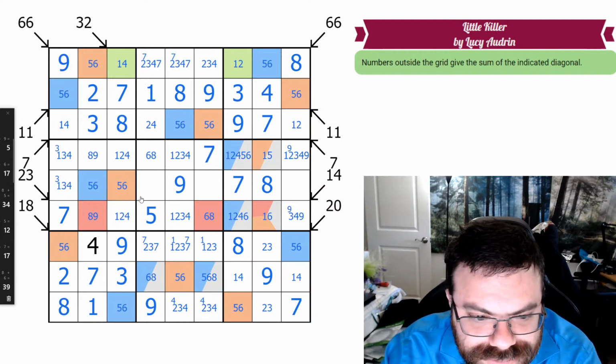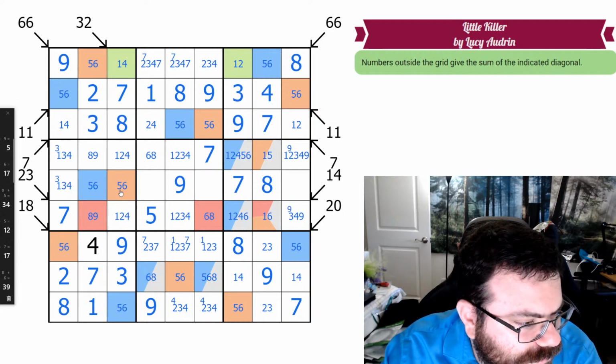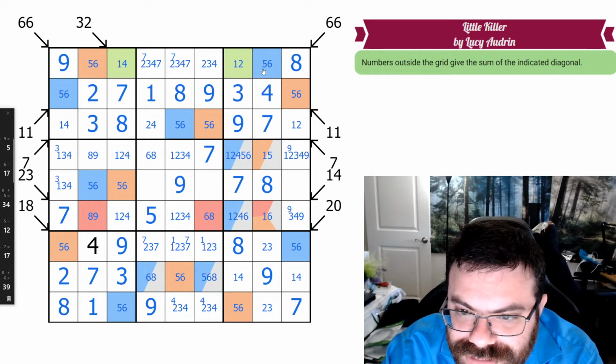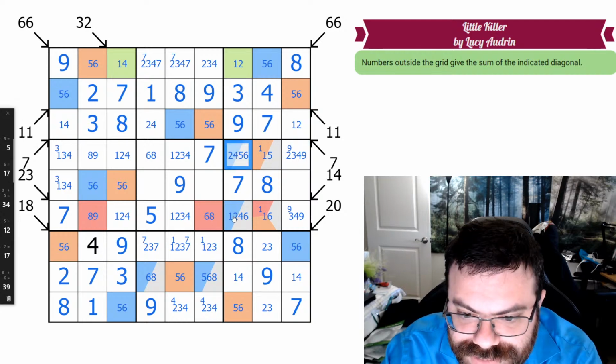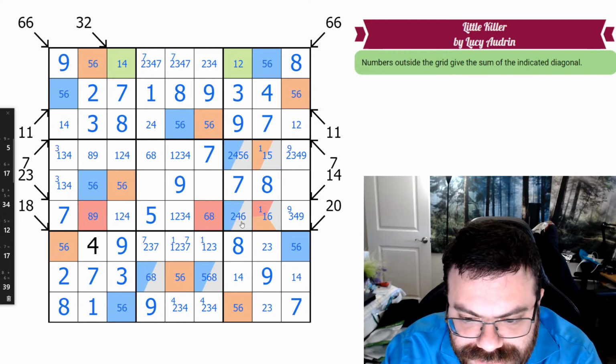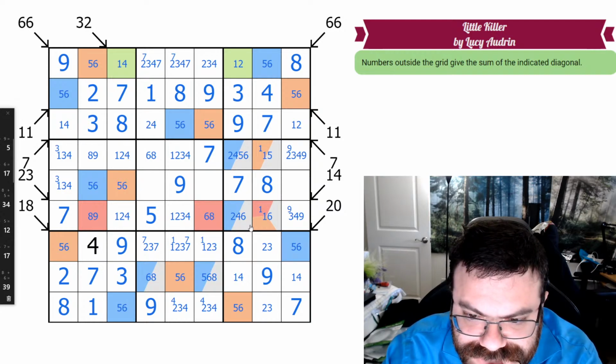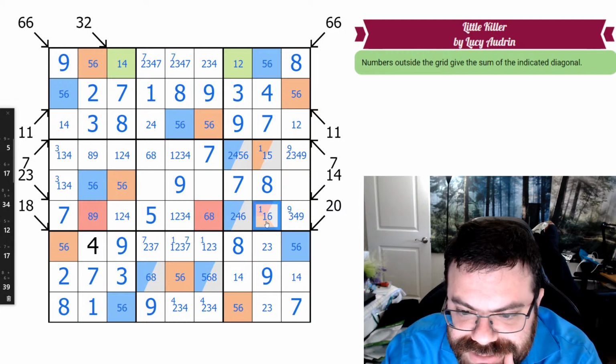Ones? What do you mean? One in column 8. Yeah, one is in one of these two. So these aren't ones. And that actually makes it a one orange pair.